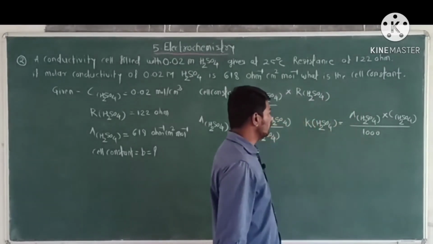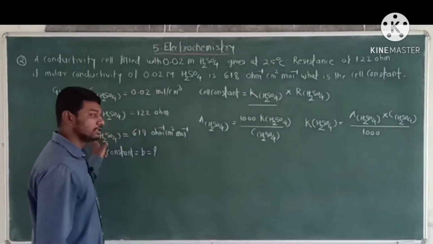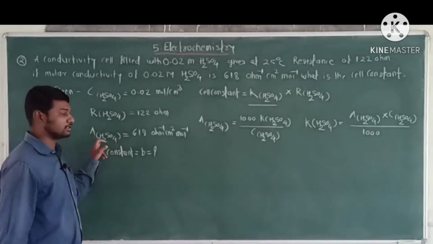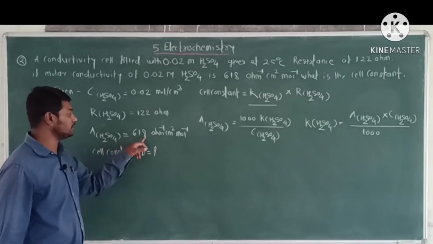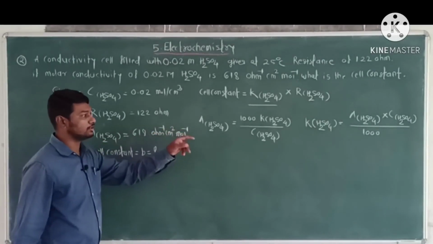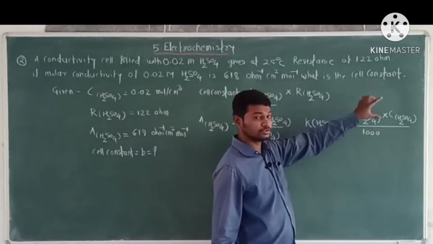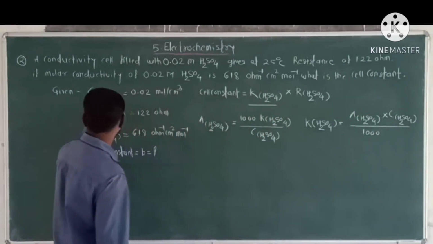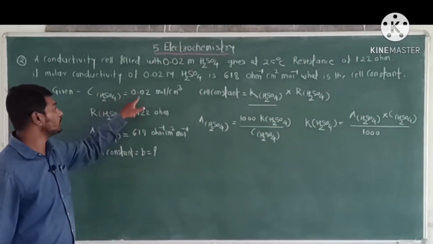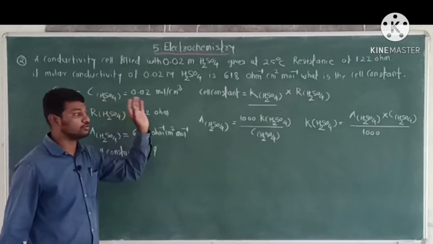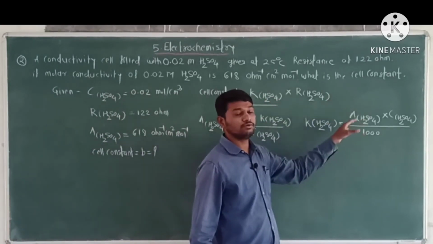Okay. Put this value, lambda of sulfuric acid, the molar conductivity of sulfuric acid, that is 618 per ohm centimeter square per mole, in this equation, and also put the concentration of sulfuric acid, that is 0.02 mole per centimeter cube, in this equation, and calculate this equation.